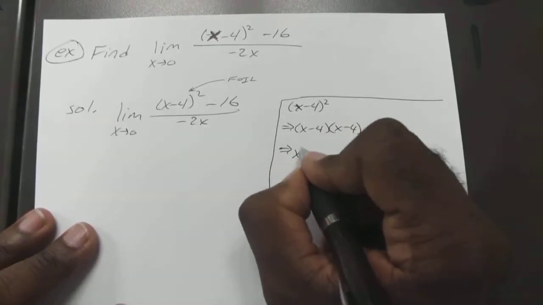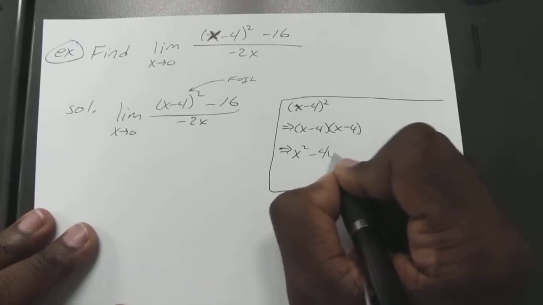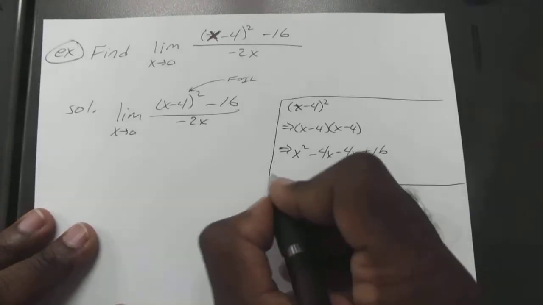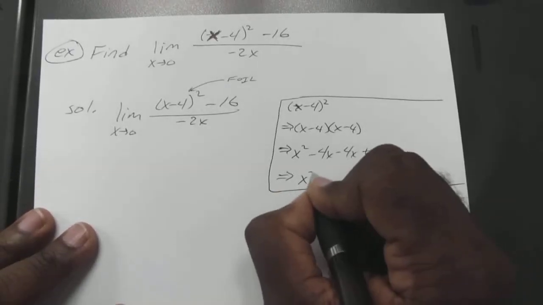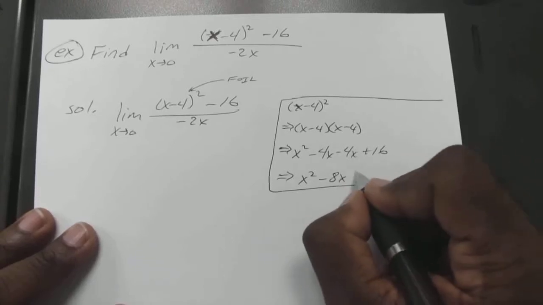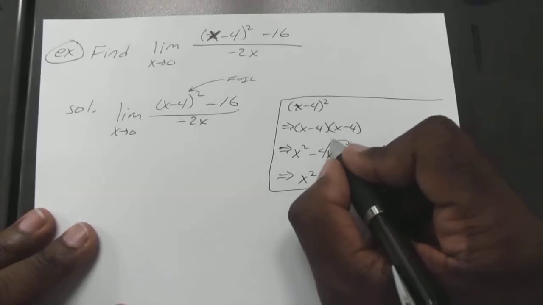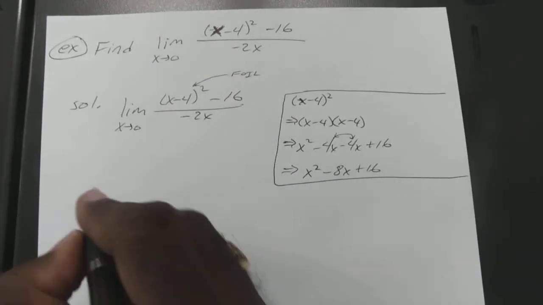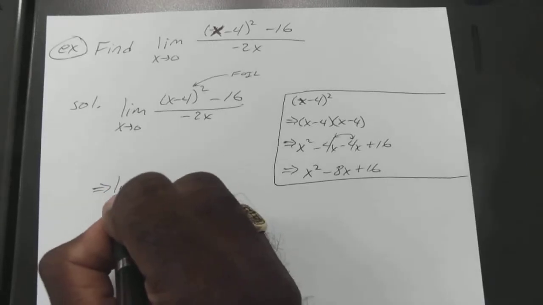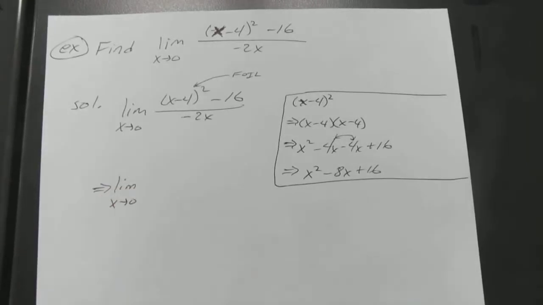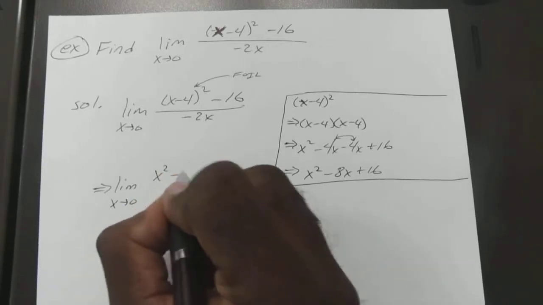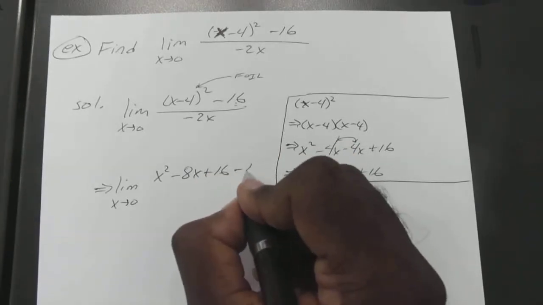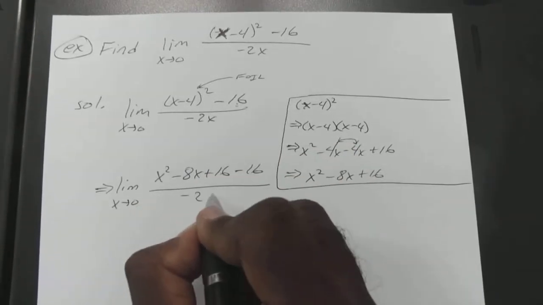I'll do that on the side. It's x squared minus 4x minus 4x plus 16, so that's x squared minus 8x plus 16 after we combine those two. We can replace that, so that gives us the limit as x approaches 0 of x squared minus 8x plus 16, you still have that minus 16 right there, over negative 2x.